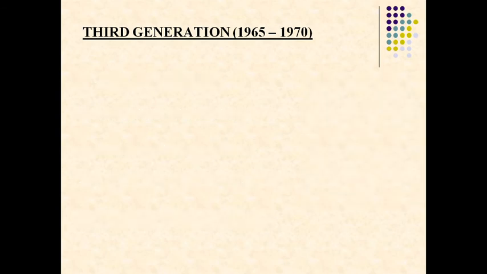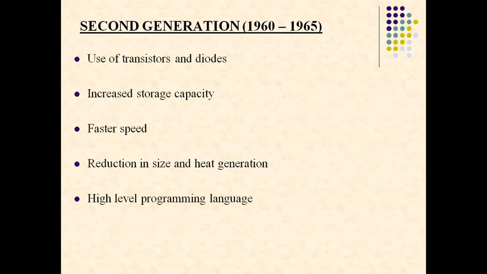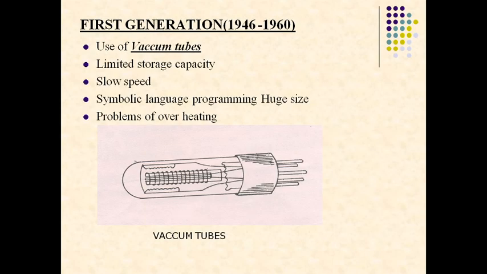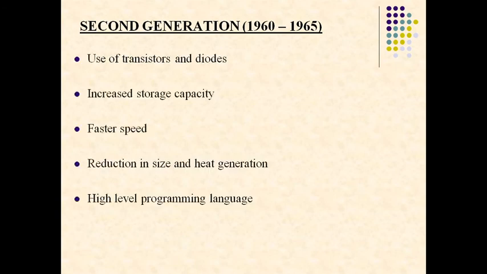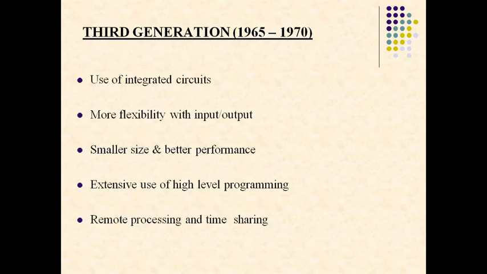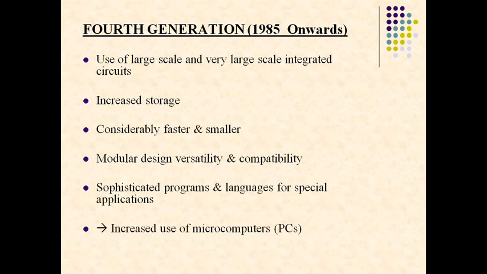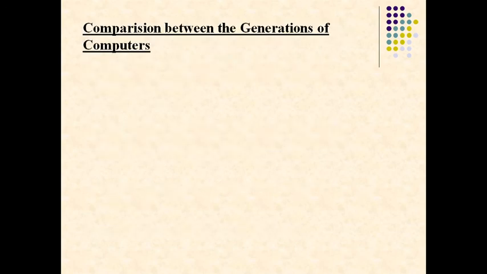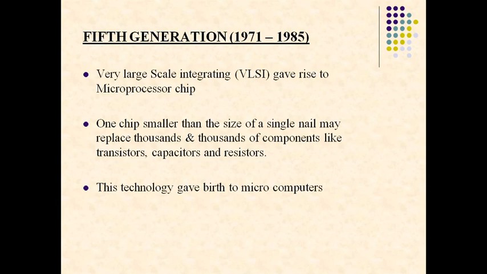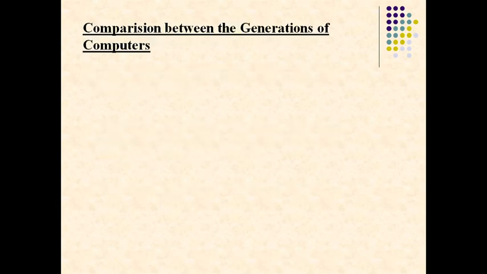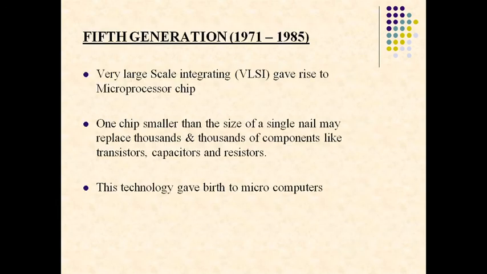The second generation is transistors, the first generation is vacuum tubes, the fourth generation is PCs, and the fifth generation is microcomputers, VLSI, that is very large scale integration.